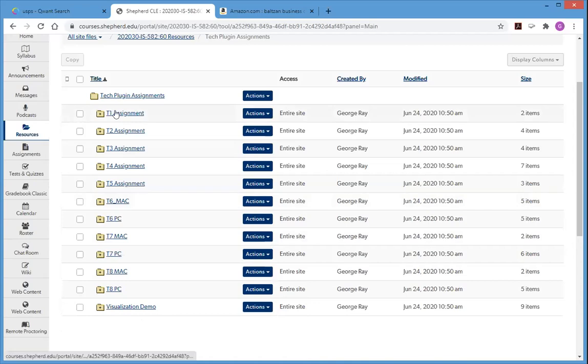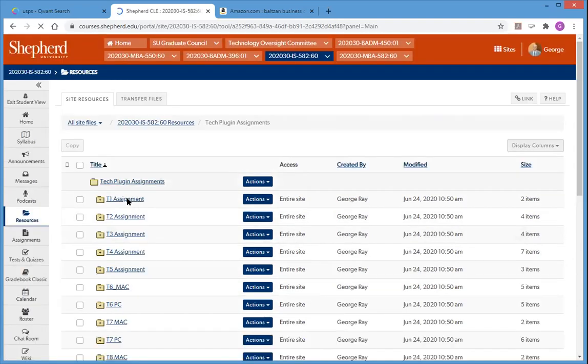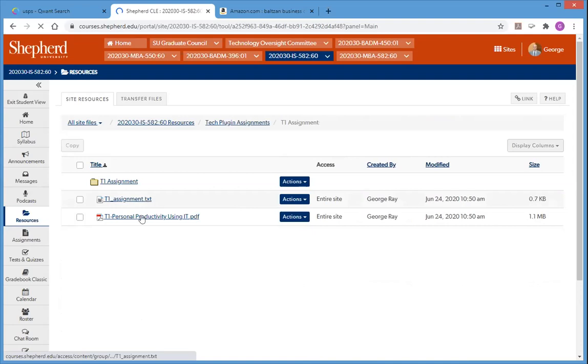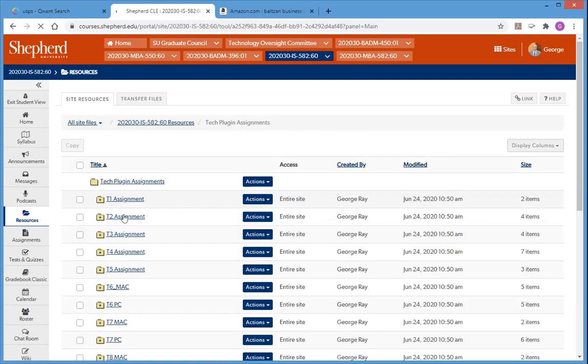Each one of those weeks will have a lecture, and then we'll also have an assignment that we're going to do in class. We'll have a PDF that is the reading material that you'll be responsible for reading, and then an assignment that you'll do in class and hand in, and then we'll go over them the next class. Now these are graded assignments. Same thing with week 2, week 3, and so on.